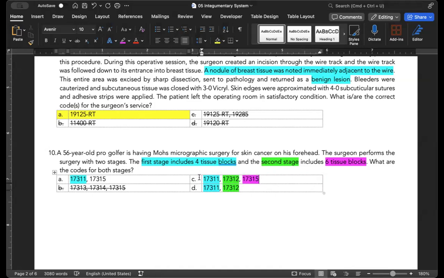Because our 17312 only includes 5, right? So if we only have 5 that are included with the 17312, we need to report 1 unit of 17315 for our 6th block. Now, had we done 7 blocks, we would do 17315 times 2. But so it's up to, or each additional after the first 5, any stage.